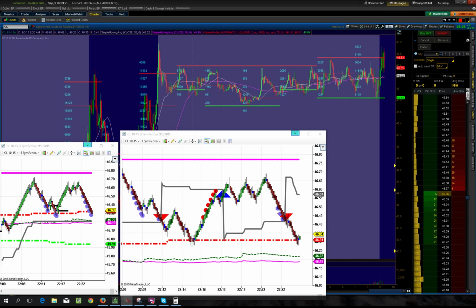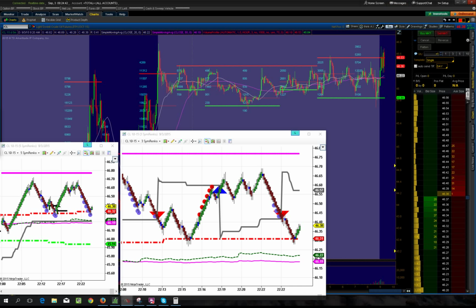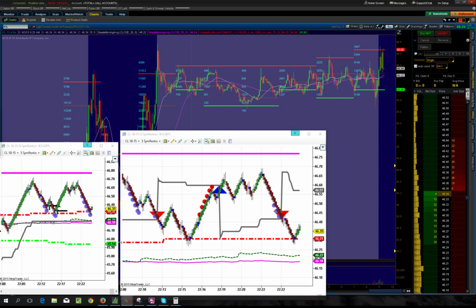If we get a confirmation... Still coming down. This next candle bar could just push right down through. We'll see.